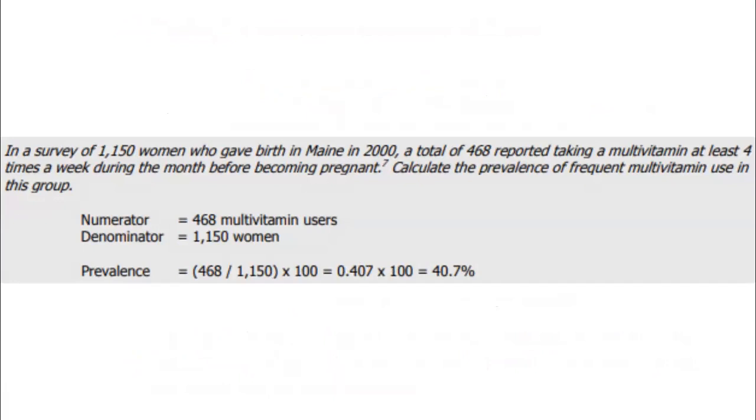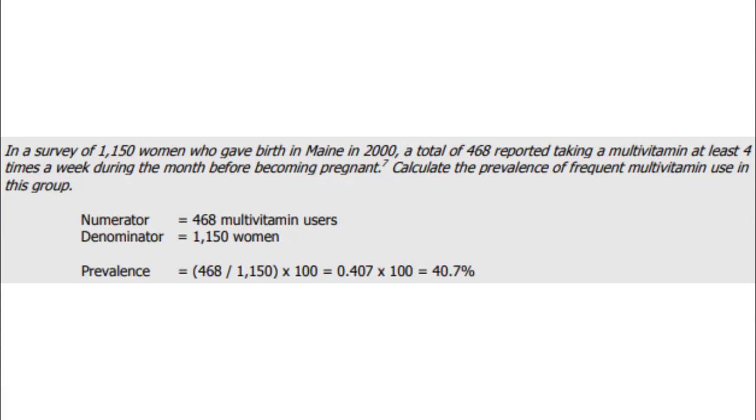So, again, we need to go back to the definition of prevalence. Prevalence or prevalence rate refers to the number of old and new cases compared to that of the total population.